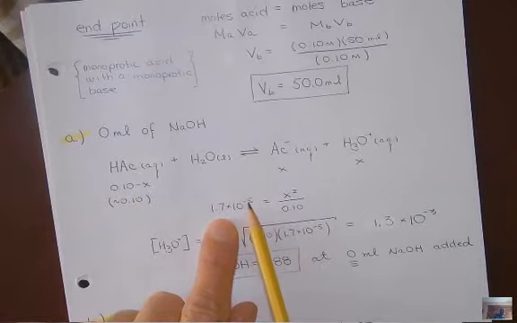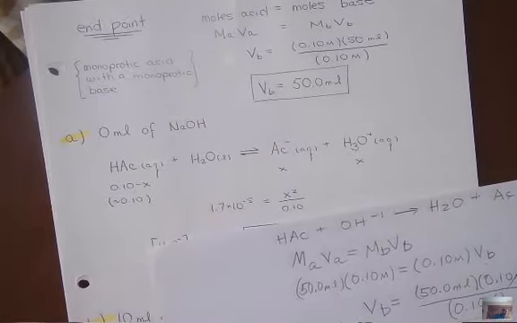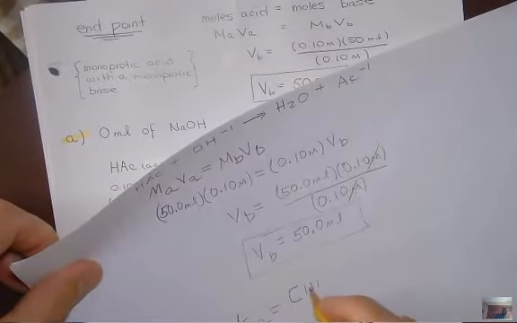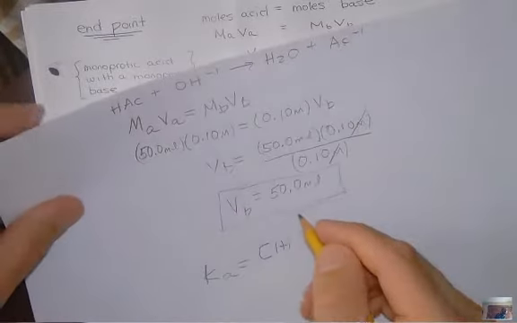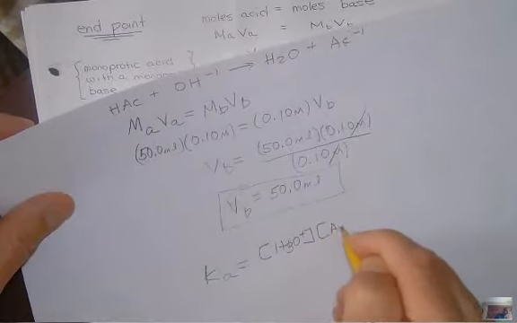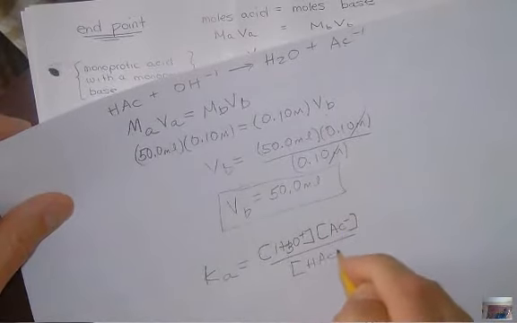X is going to be small next to 0.1, so I wind up with my classic X squared question. This 1.7 times 10 to the minus 5 is the given equilibrium constant, or Ka, for acetic acid. This is given, right? So you know that because Ka is equal to hydronium times acetate over acetic acid.